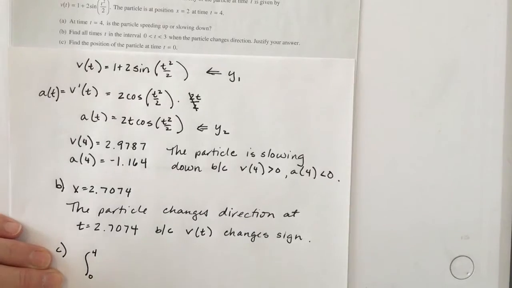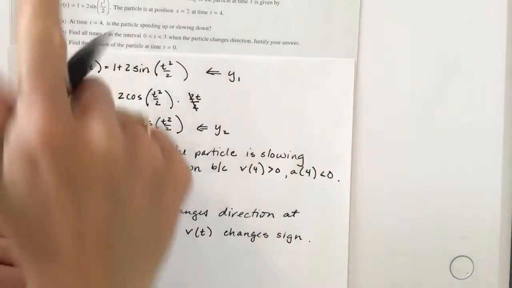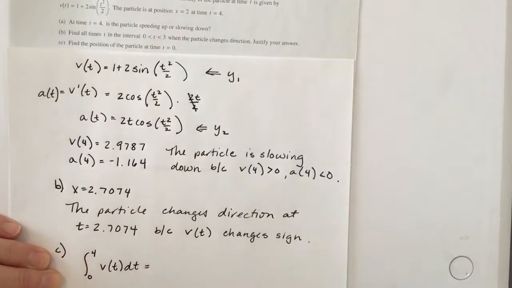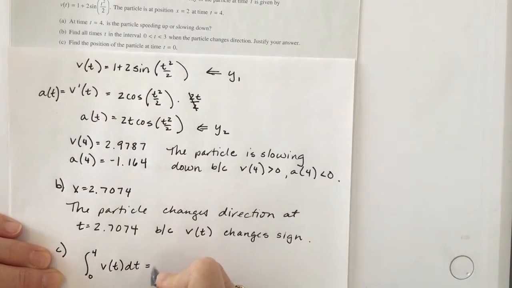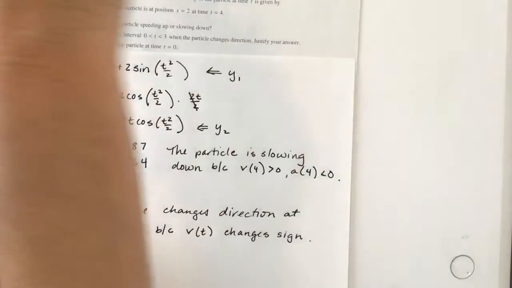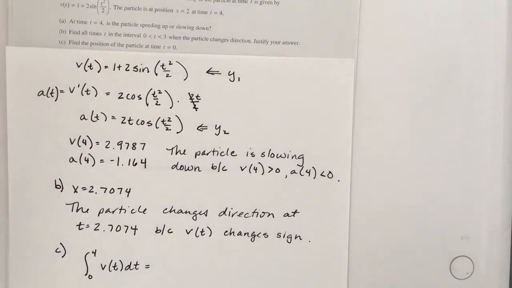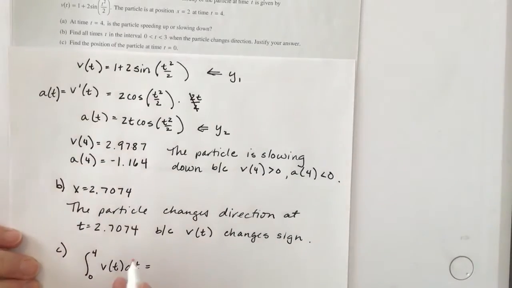So from time 0 to 4 of v of t dt is equal to, right? When we antiderive, I need another pen. We need a pink pen. Can you guys see that? Yeah.